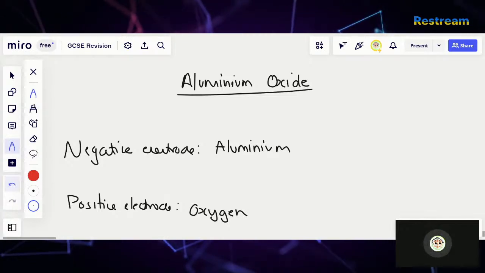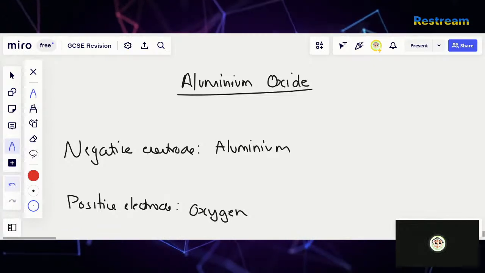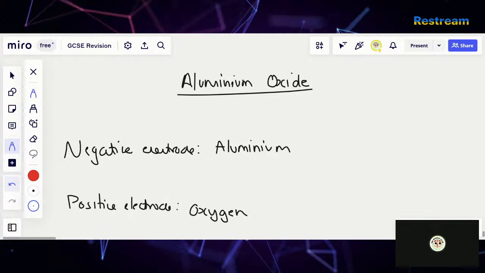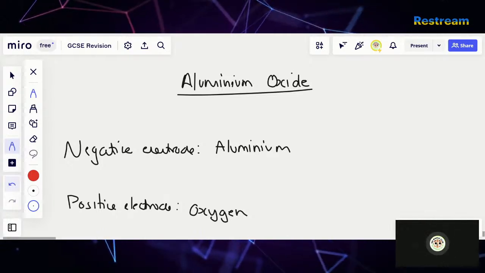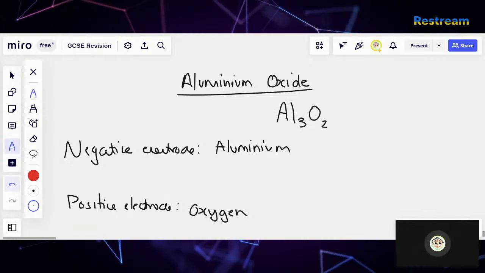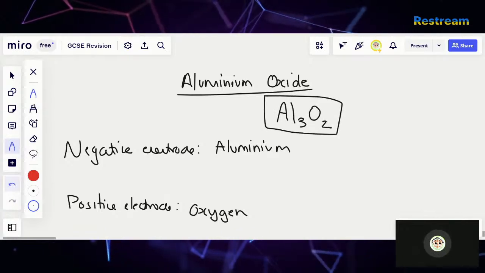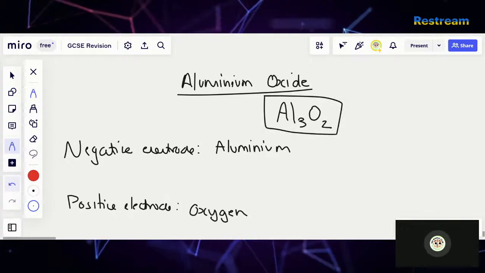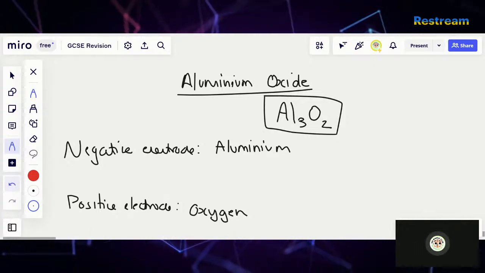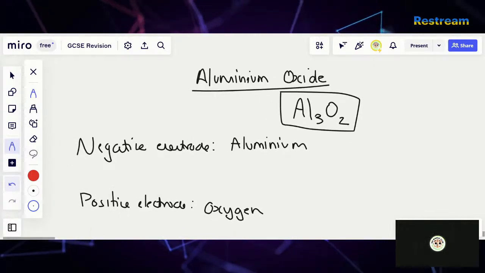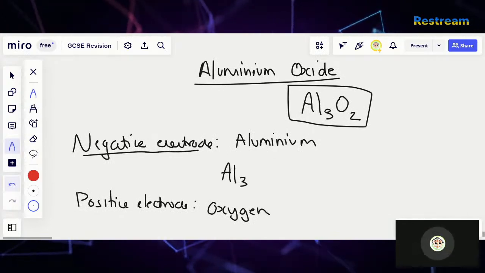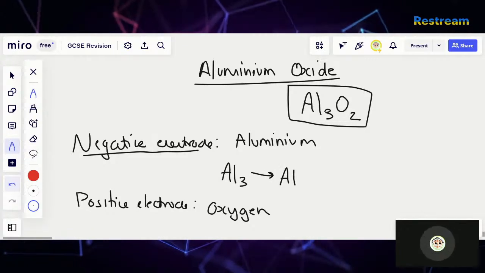Now we have to talk about the half equations here. So half equations, or the ionic equations, just talk about the key ions here. Aluminium oxide, the formula is Al2O3. That's the formula for aluminium oxide, because 3 electrons from aluminium are given to oxygen. So at the negative electrode, what happens is we want to go from Al3+ back to just Al.